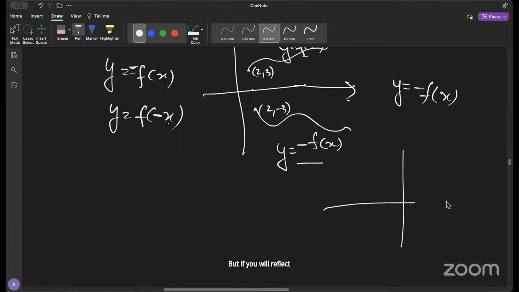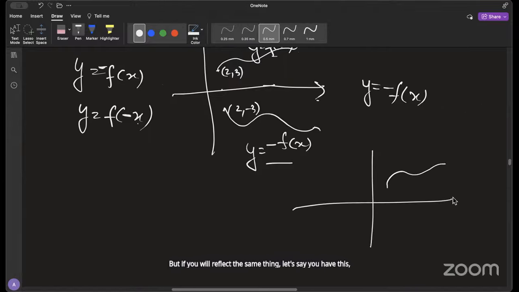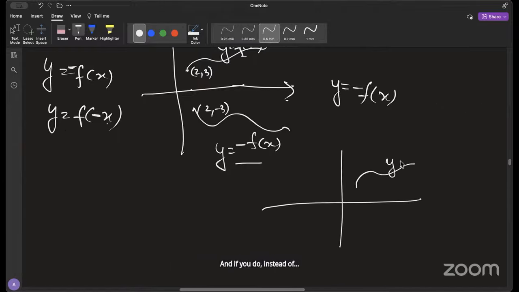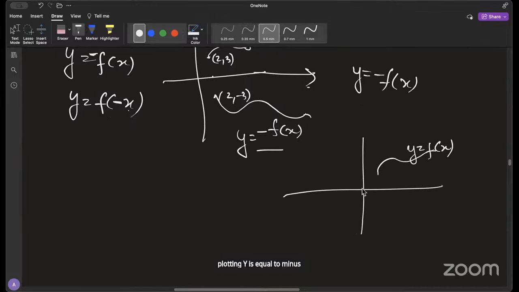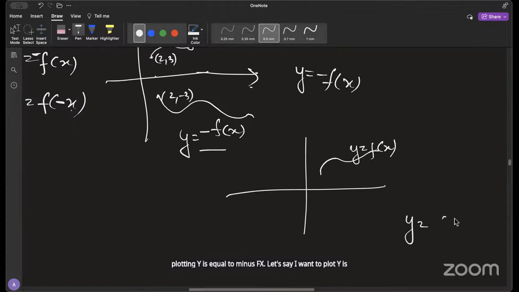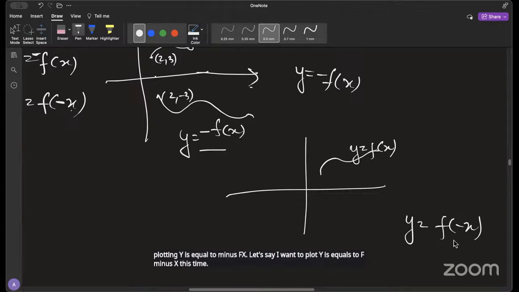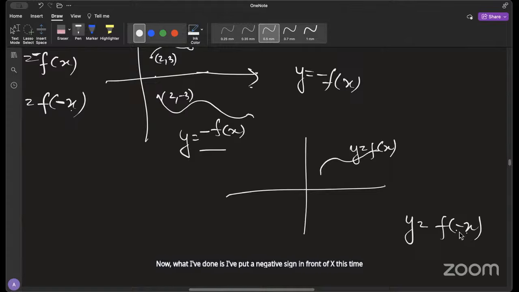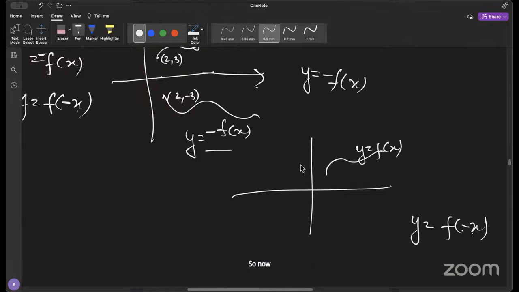But let's say instead of plotting y equals minus f(x), I want to plot y equals f(minus x) this time. Now I've put a negative sign in front of x, which means I'll have to reflect it about the y-axis. Consider this a mirror, and if it gets reflected here, it'll look like this, right?